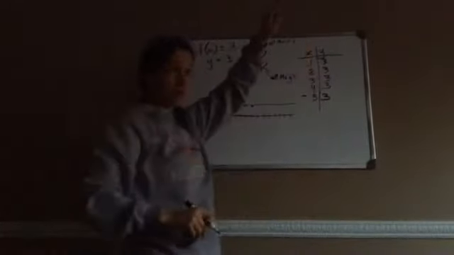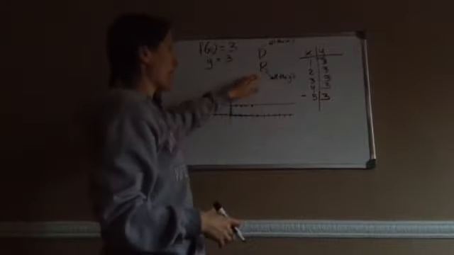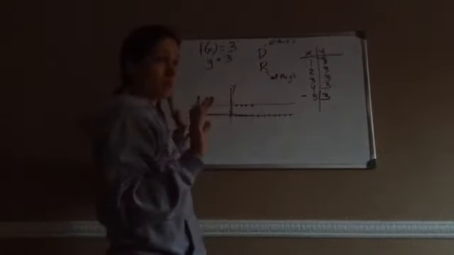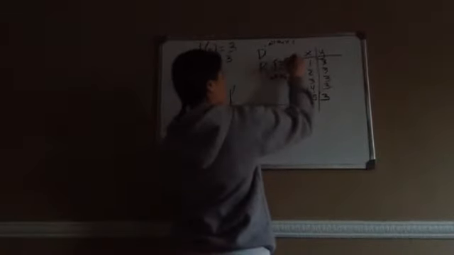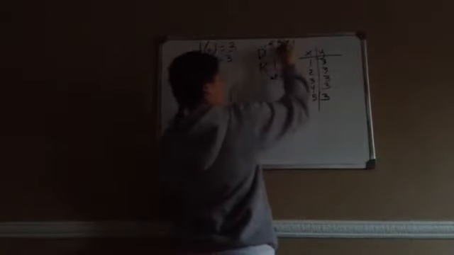Domain is all the x's, range is all the y's. We know the y is not anything except 3. So the answer on this one for the range is just 3. For the domain, all real numbers, because we literally can put any number in here.